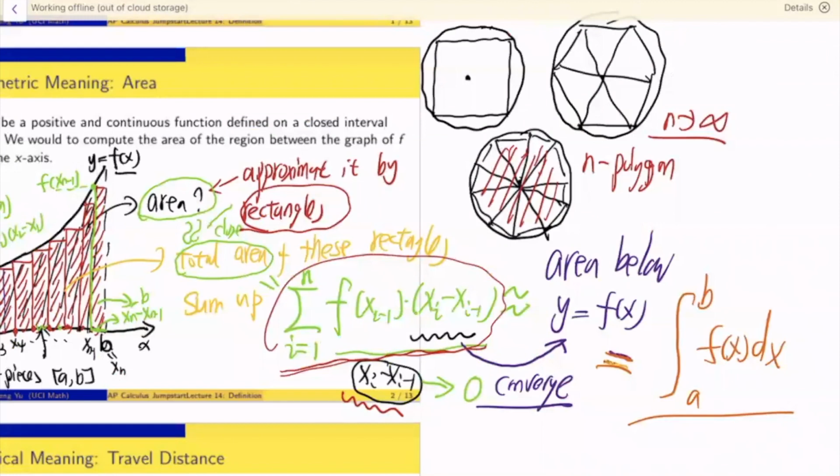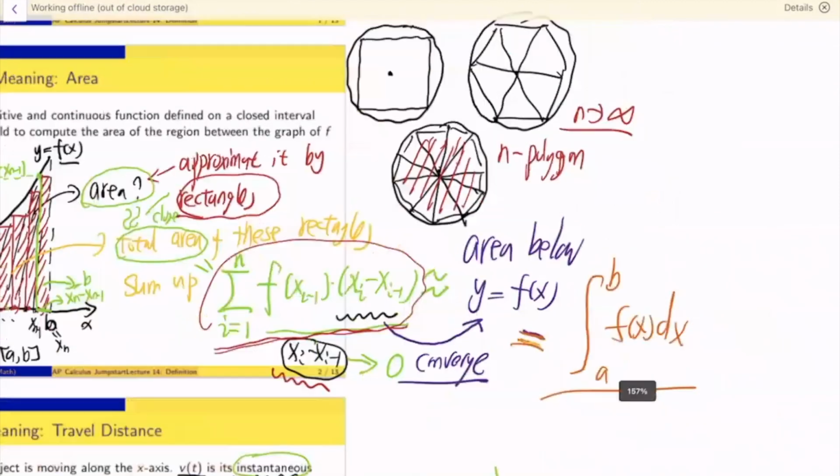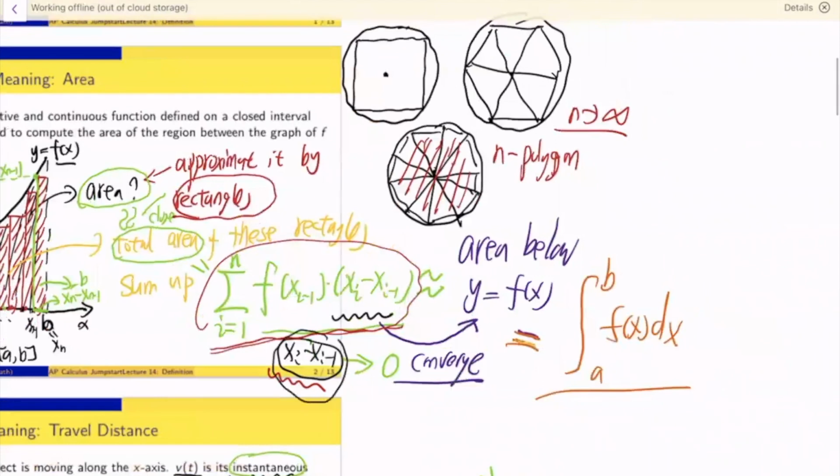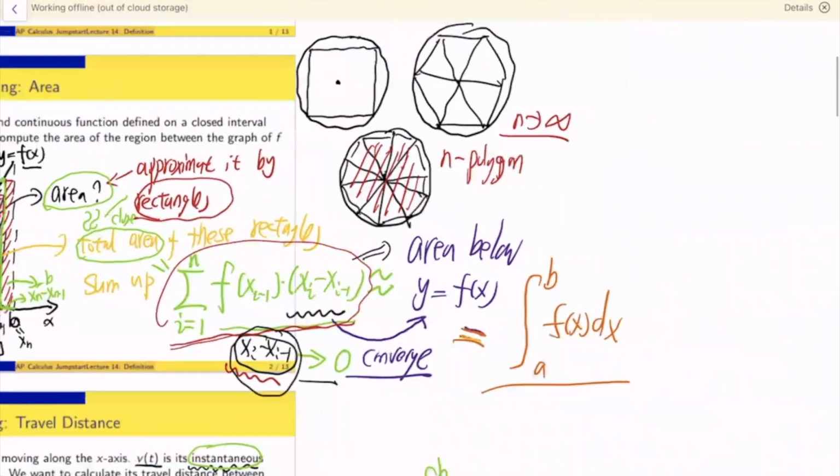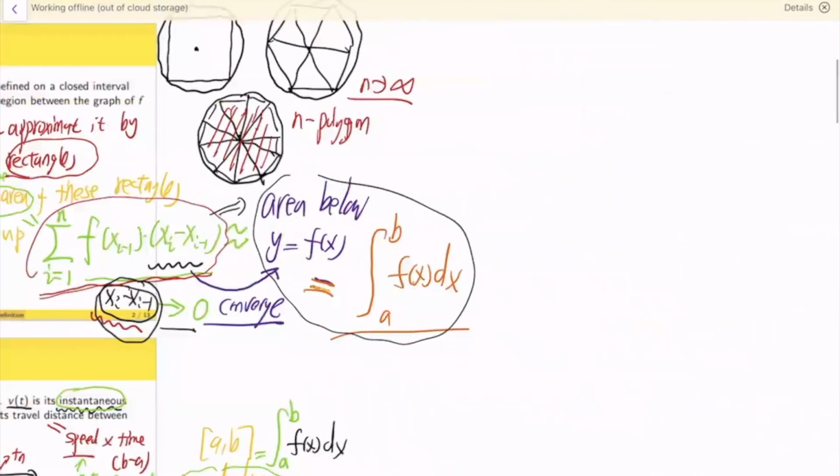It's not exactly the same. But if we let the partition get finer and finer, we expect this will converge to the real area below the graph. And this is how we denote the integral.